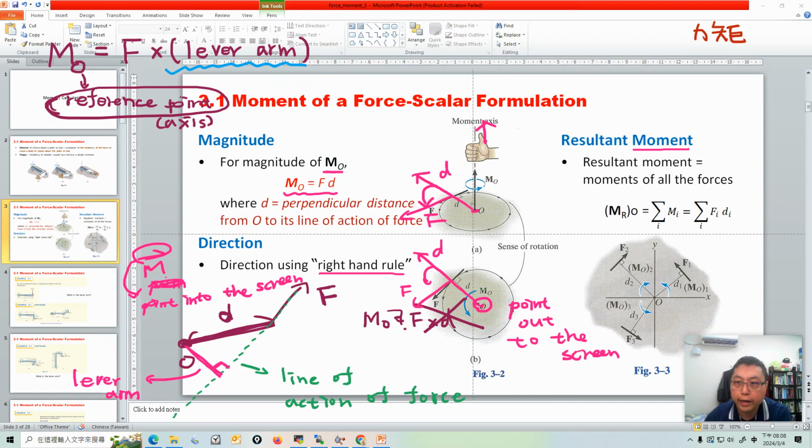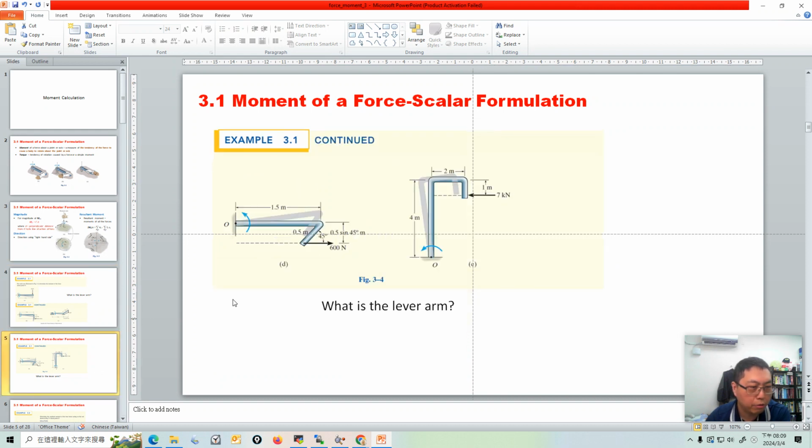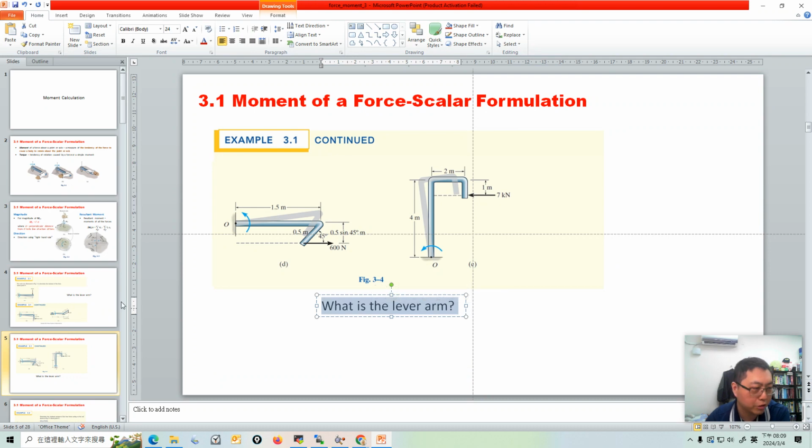In the next few slides I won't do the moment calculation, because it is very simple and I think you all know how to calculate it. I just want to practice finding where the lever arm is.